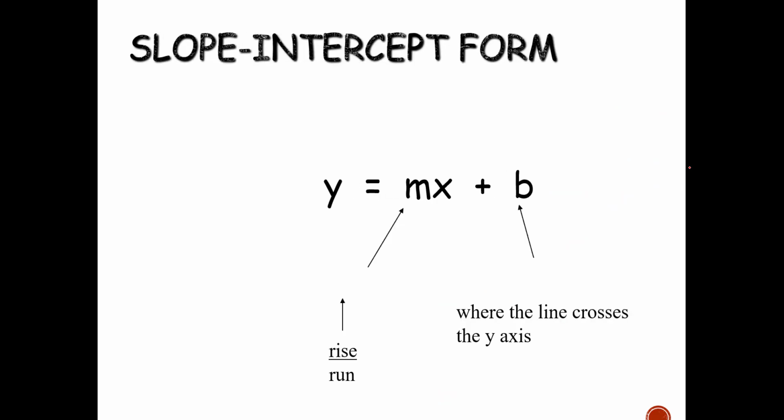Now, slope-intercept form. We have 2 important elements: slope, which is rise over run, and the y-intercept, which is where the line crosses the y-axis. That's the meaning of y-intercept. If you just want to use slope and y-intercept to graph, you can easily do that as well.